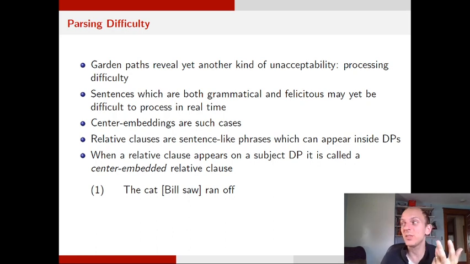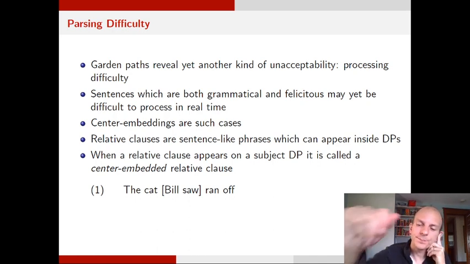So it's the cat Bill saw ran off. A pretty good sentence, right? Hopefully you're at home like, yeah, the cat Bill saw. You can put in the silent that there, so the cat that Bill saw ran off, but you critically don't need the that. You can just say the cat Bill saw ran off. Which cat? The cat Bill saw.